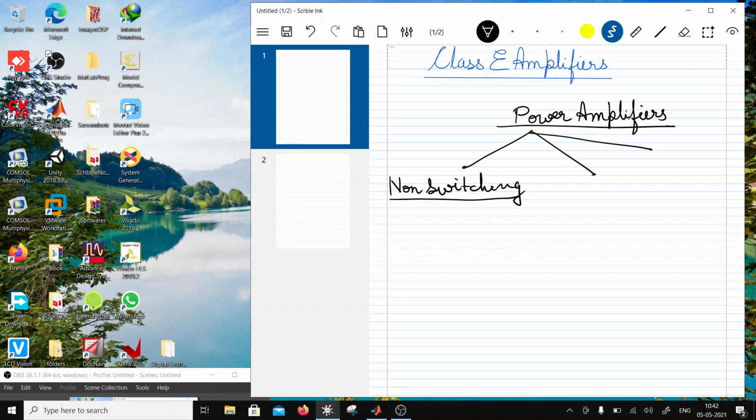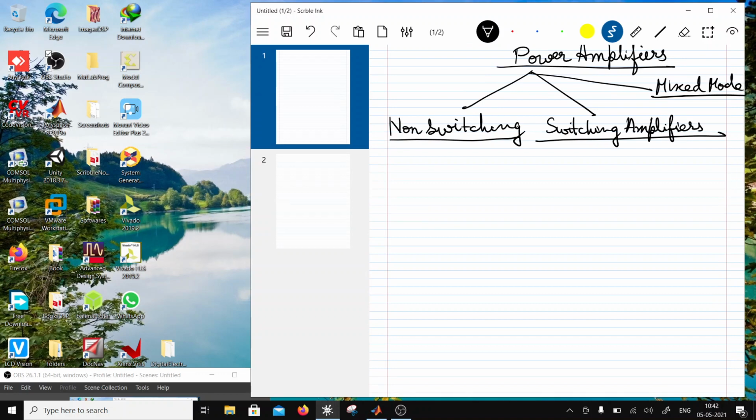And then there are switching amplifiers. And then there are mixed mode amplifiers. A non-switching amplifier, for example, the most common ones are A, AB, B, and C.